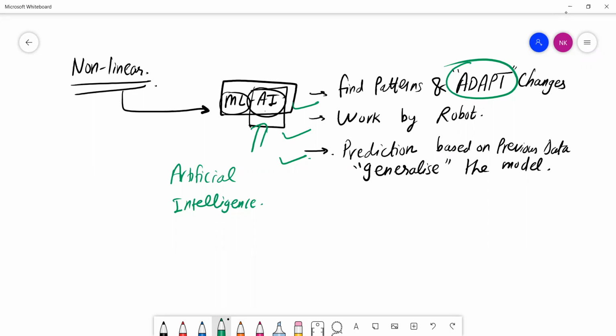Same thing, the robots will be learning from the peers, from the environment, from the parents. Over here for the robots, the parents are nothing but the developers, through programming.